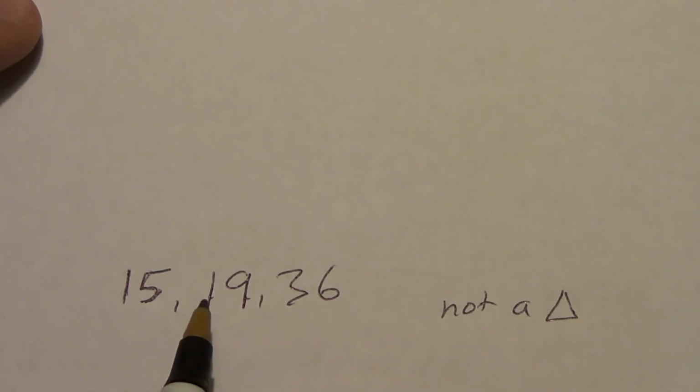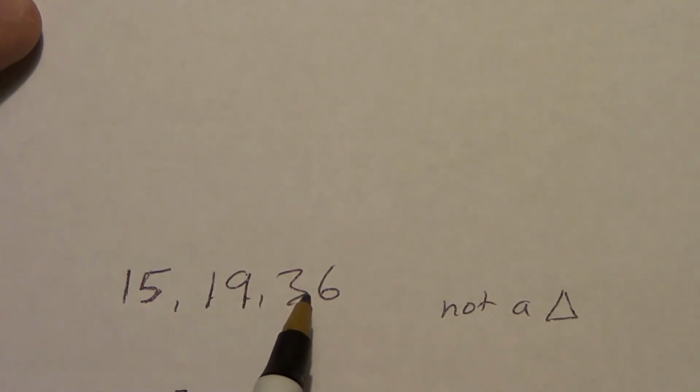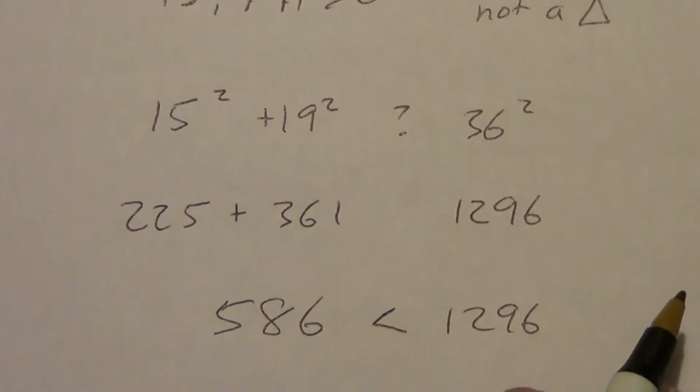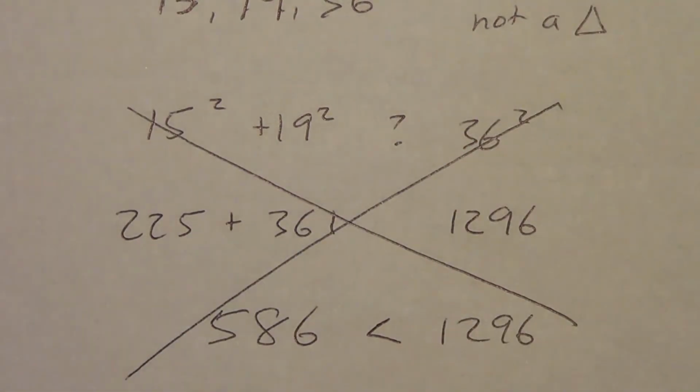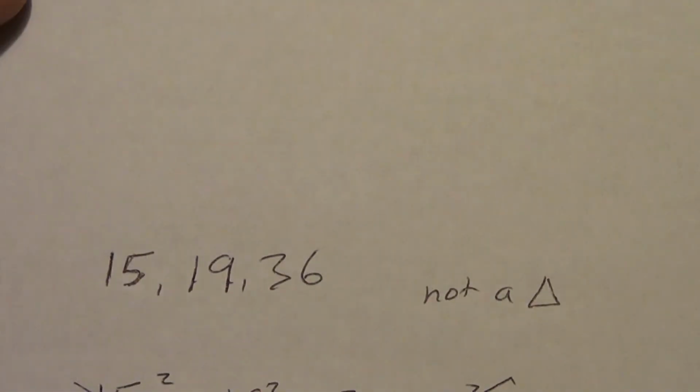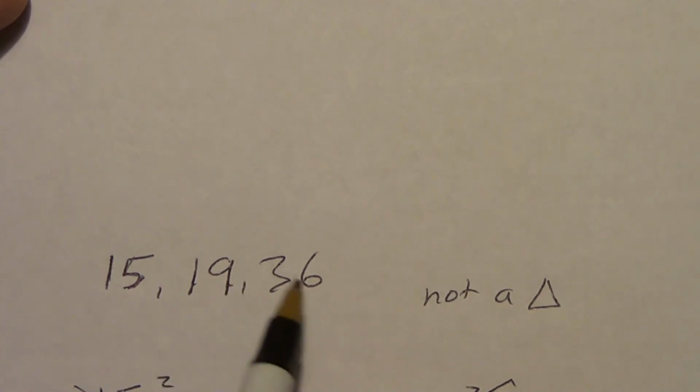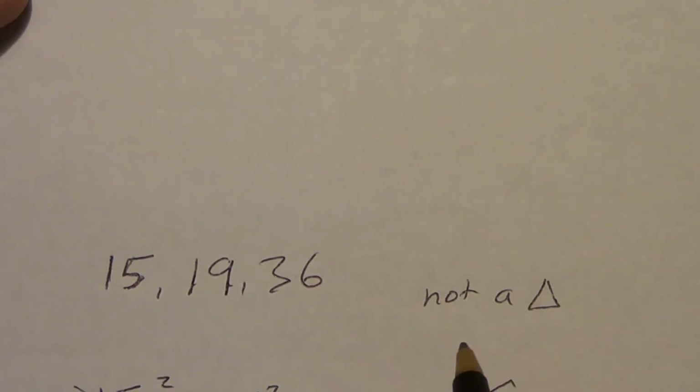Two sides added together must be more than the third side. This does not equal something more than 36, so you know what? We don't need to do this work at all. Okay, you don't even have to do any of that work. All you have to do is say, hey, 15 plus 19 isn't more than 36, so therefore it's not a triangle. All right? So that's how you do this type of problem.